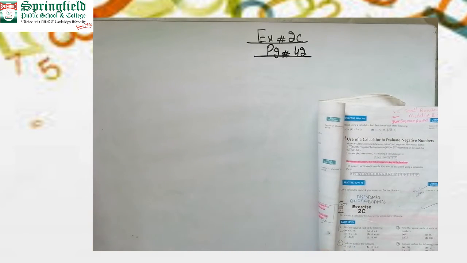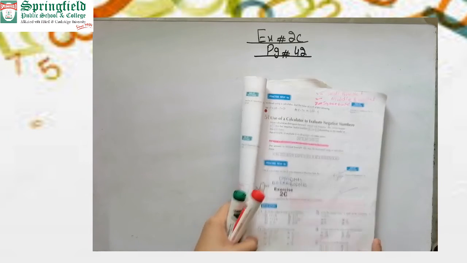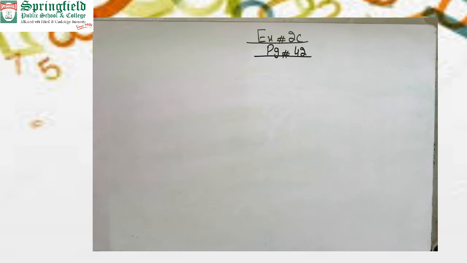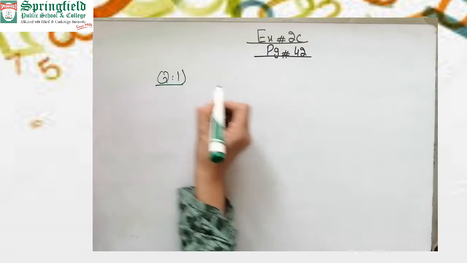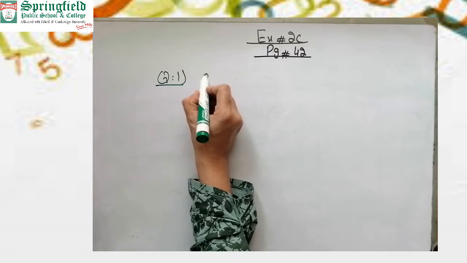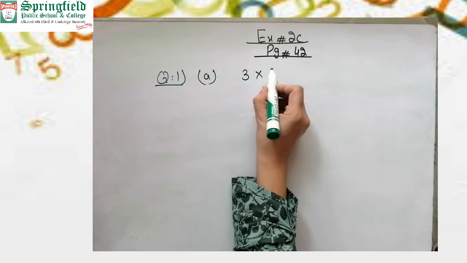Question 1. In question 1, find the value of each of the following. It means multiplication. We will multiply two or more negative numbers. So as we know how we can multiply. So the first question number 1, first part. Question 1 and A part. Come to the A part, 3 multiply minus 9.